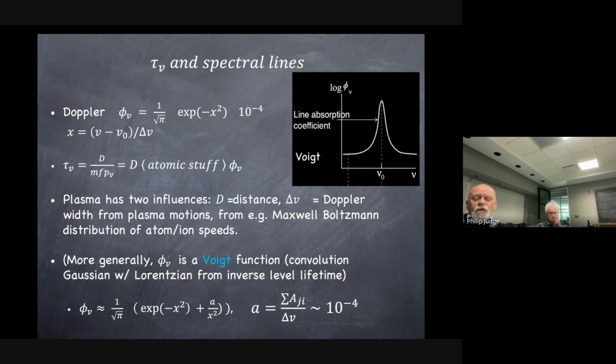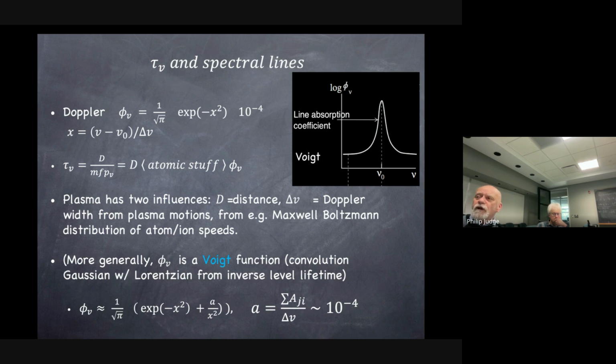And when we have a line profile from one atom in the sun, it's going to be a native profile looking like a Lorentzian, the mathematics of the spontaneous decay of an atom. You take the Fourier transform of that time dependence and you get a frequency dependence, and it's a Lorentzian shape.